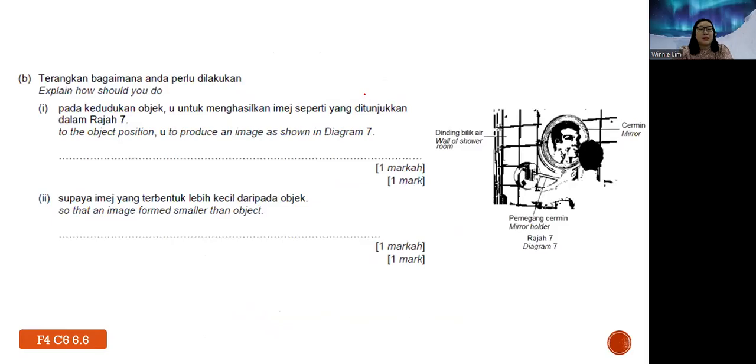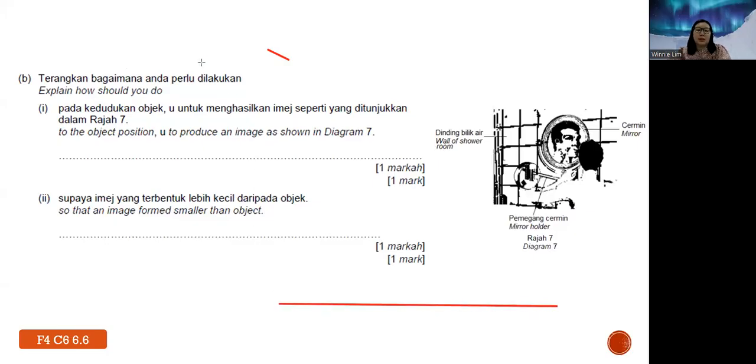Next, explain what you should do to the object position U to produce an image as shown in diagram 7. If you follow my class, whenever I teach this topic, I let students draw a ray diagram according to the position of the object.